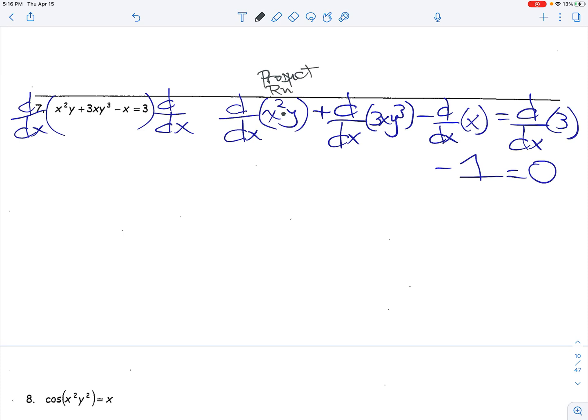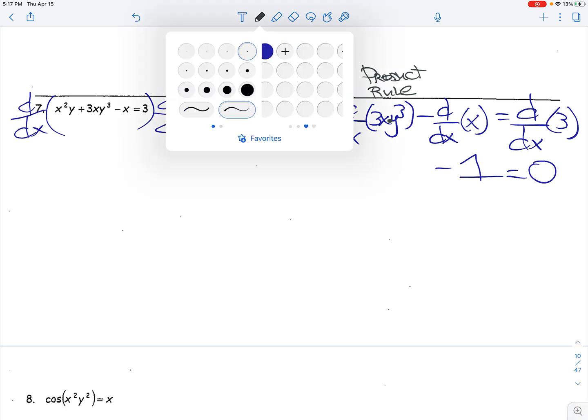And here we go now. I'll start with the x squared y. Right? x squared times y. That derivative is a product rule. Same with that, 3x times y cubed. That's a product rule for both.